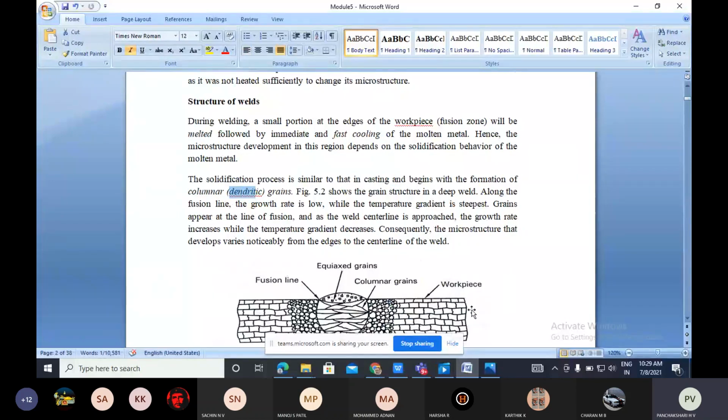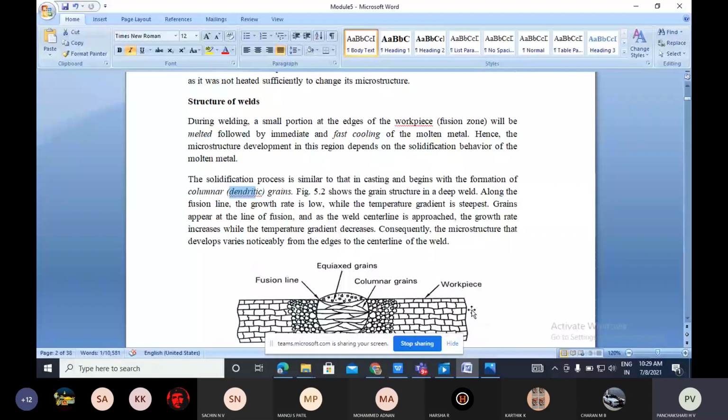The tree contains one stem, that stem further branches out, those branches again have sub branches, and those sub branches again branches. Here also during solidification, a tree-shaped structure is obtained, that is called the dendrite structure, which is the columnar structure. That type of grain is obtained.